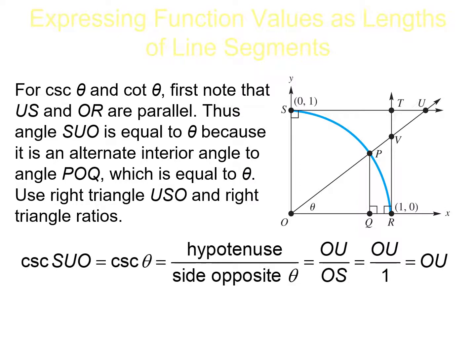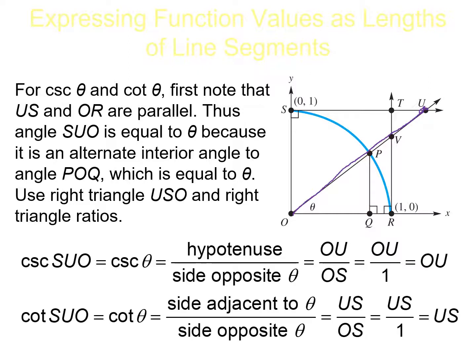So cosecant of theta corresponds to OU, while cotangent of theta corresponds to US.